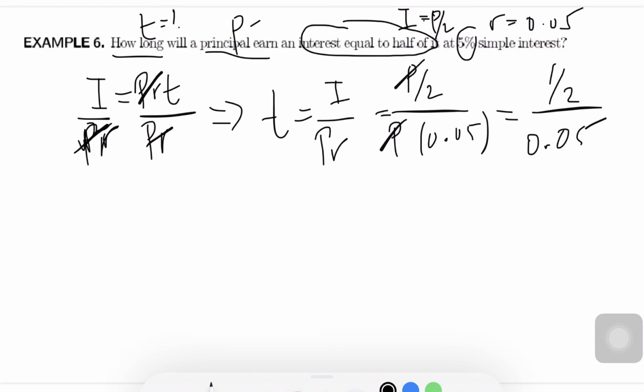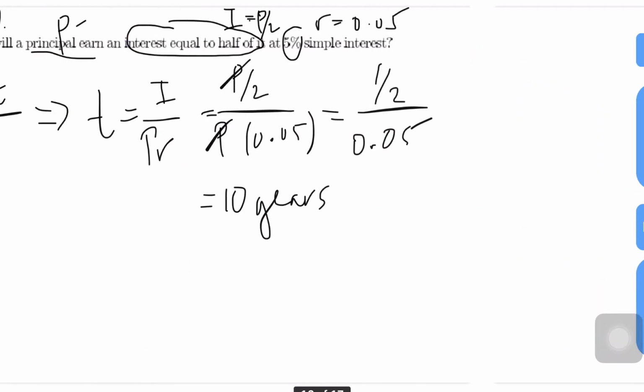Use your calculator. This is equal to 10. So it will take 10 years for a principal to earn half of it at 5% simple interest rate.